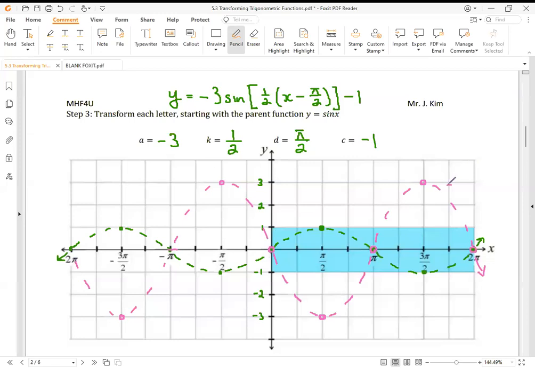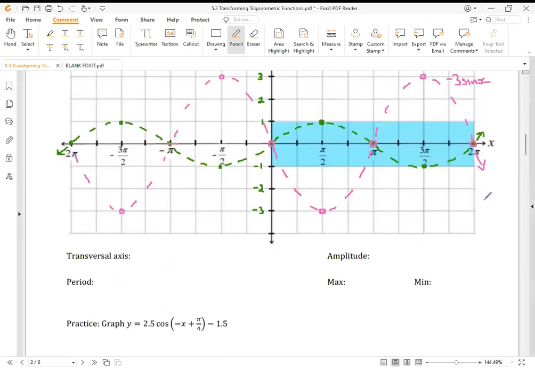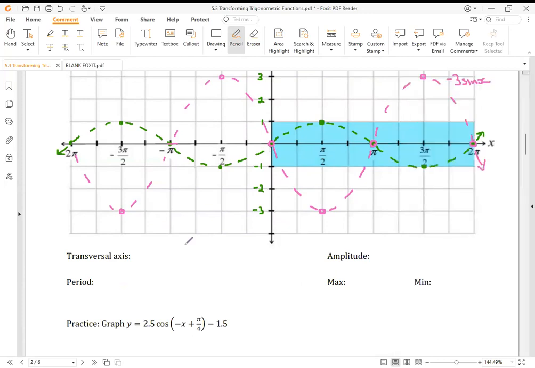There. That is -3 sine x. Okay. Next, your mental note, I should probably just do k value of 2, because k value of half is going to make my period huge. Let me do the calculations down here. How about I use a blue? Period.